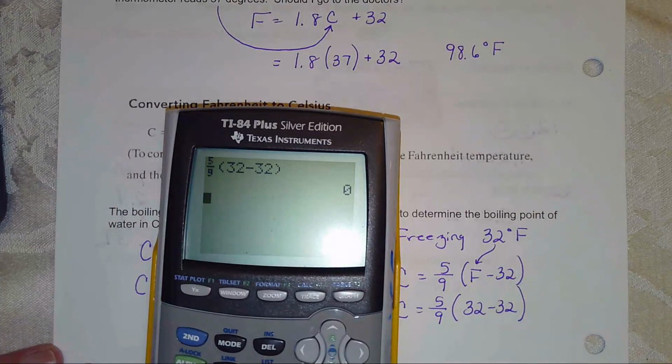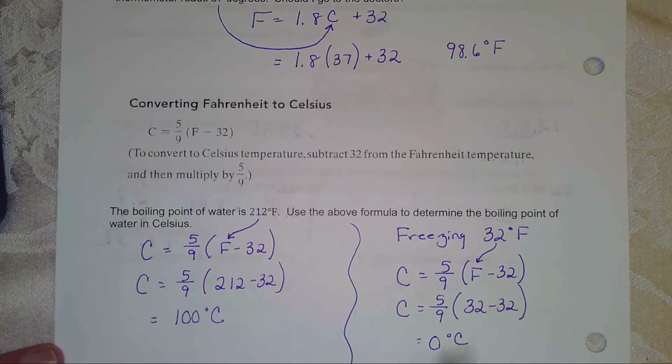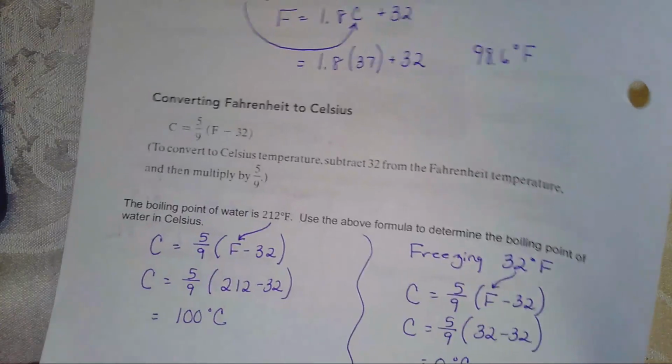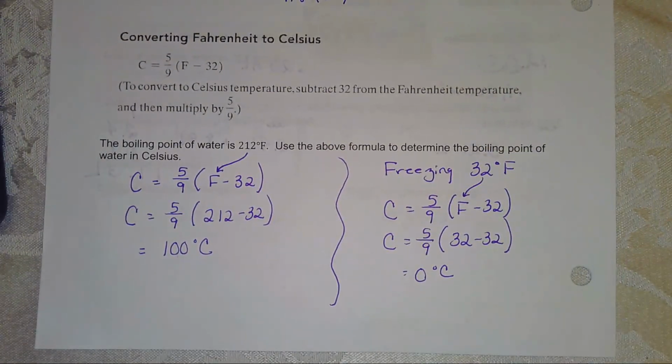And there you go. The freezing point in Celsius is 0 degrees. So we got the boiling point is 100, freezing is 0 degrees Celsius, and again, it's convenient, right, to look at some of these boiling points and freezing points in Celsius rather than in Fahrenheit.